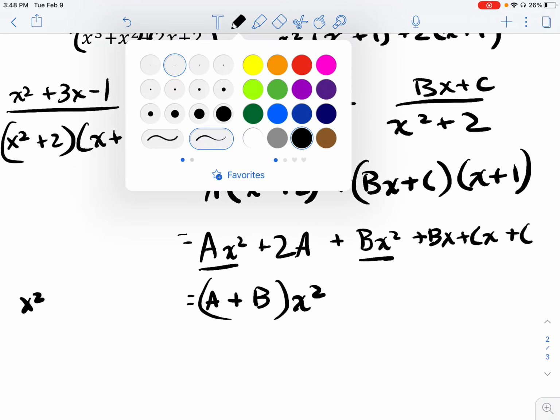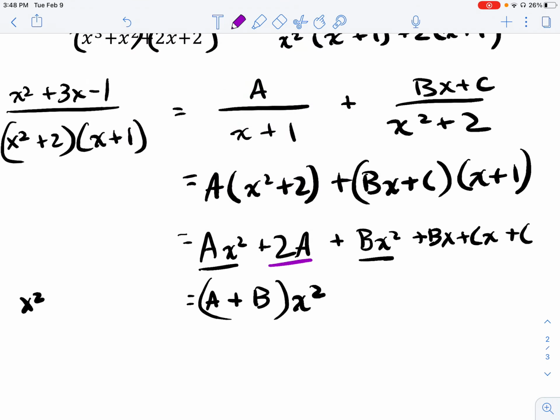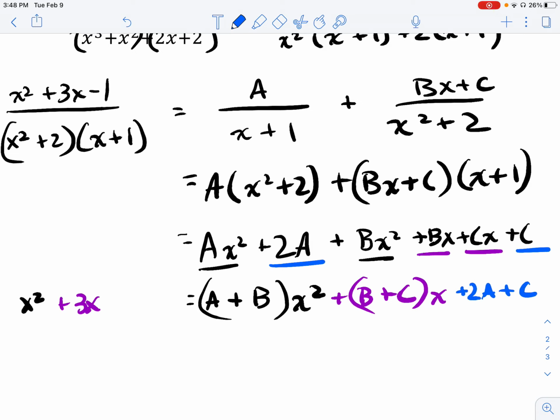Let me do a different color here. Let's not jump to the 2a just yet. bx plus cx, or b plus c times the quantity x, has to be equal to 3x. And then finally, these constants, 2a and c, have to be equal to -1.